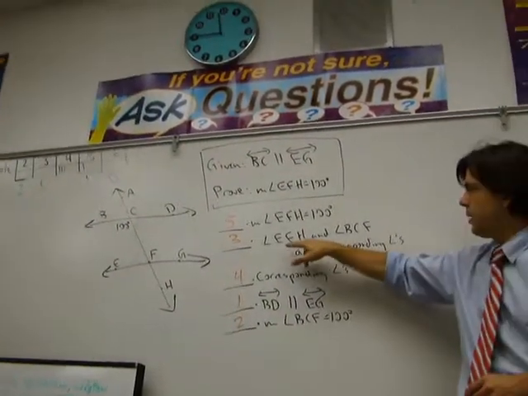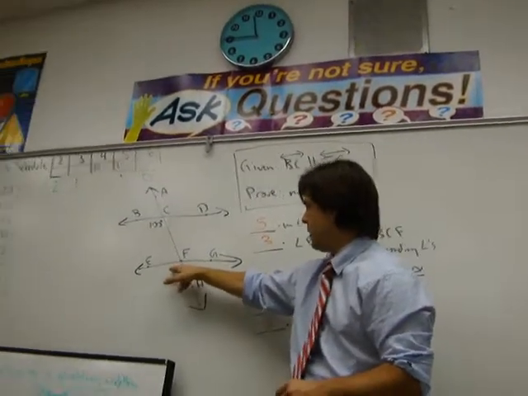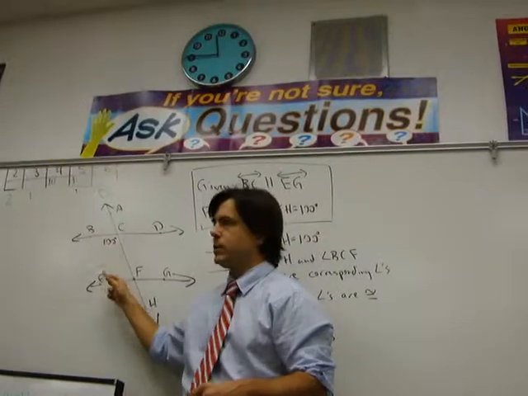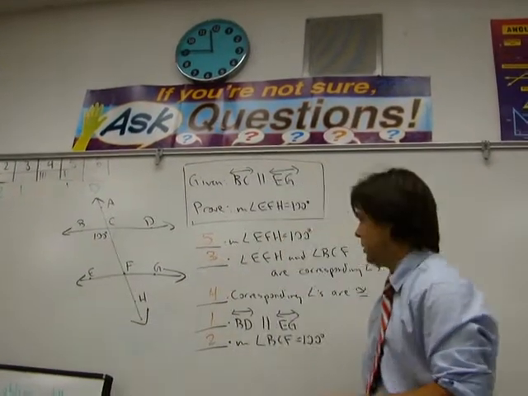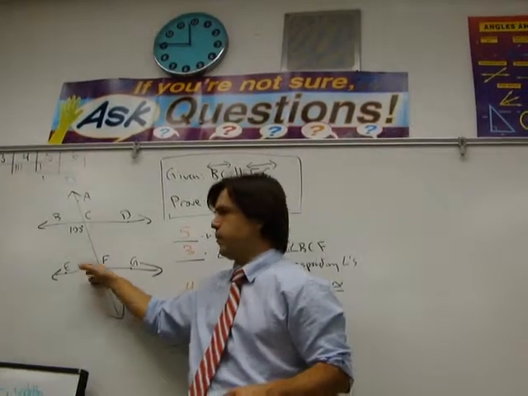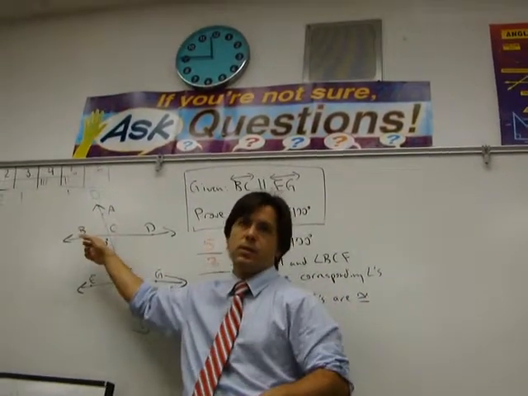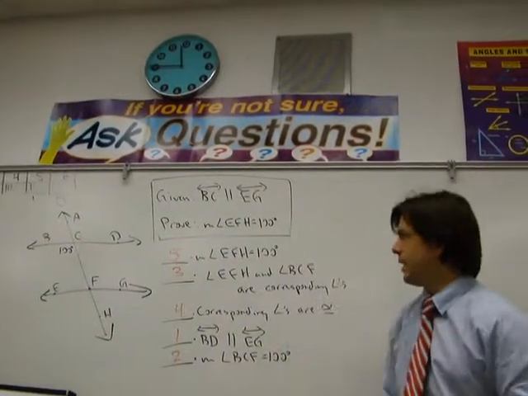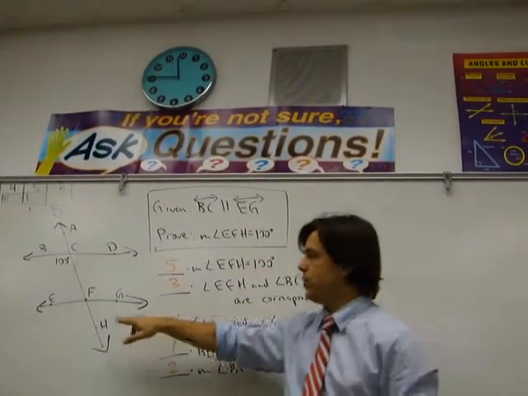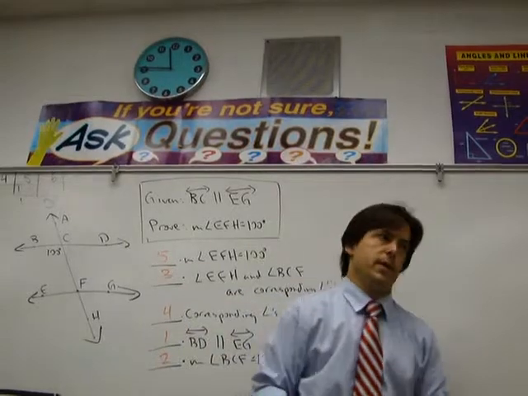Third, we say EFH, this one here, and BCF are corresponding angles. So we set them up as corresponding angles. Next, we say corresponding angles are congruent. Therefore, these ones, which are corresponding angles, must be congruent. That allows us to draw the conclusion that the measure of angle EFH has to also be 100 degrees.